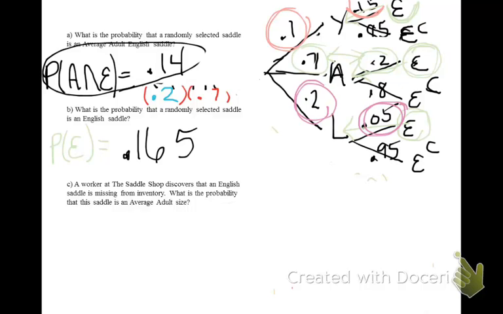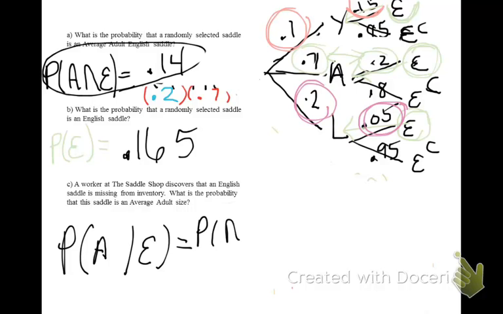Part C. A worker at the saddle shop discovers that an English saddle is missing from inventory. So ahead of time, we already know, we've been told the saddle is English. Now, what is the probability that this saddle is an average adult saddle? Well, to answer this, we need to know the probability of the intersection divided by the probability of the given.